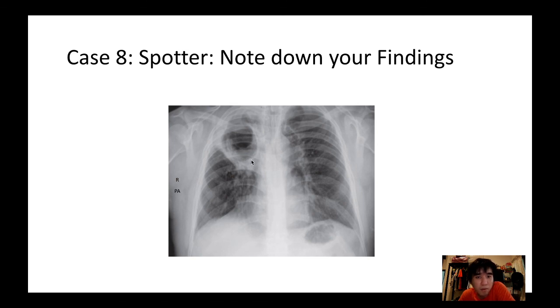Big mass, about 7-8 centimeters in width. My impression, it could be TB, the cavitating mass. What else? Klebsiella can have a cavitating mass. What else can have cavitating mass? Staph aureus, is it? Can be a cancer as well.